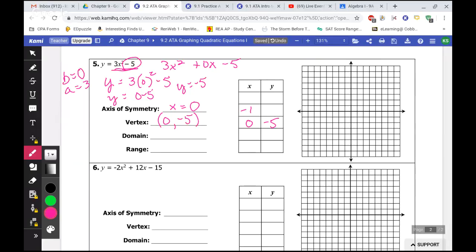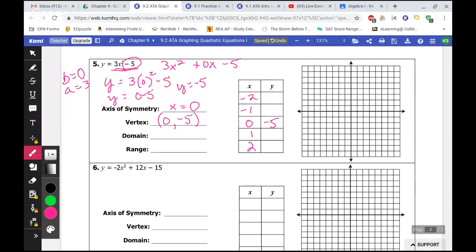Eli, what's 1 less than -1? -2. Good job. All right, what's 1 more than 0? +1. Good job. What's 1 more than 1? +2. Good job. All right, are y'all seeing how to fill the x portion of the table out?